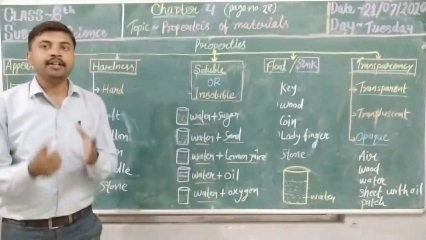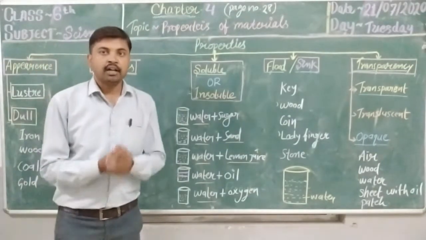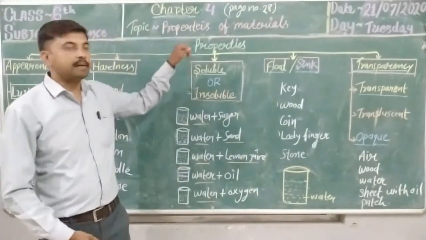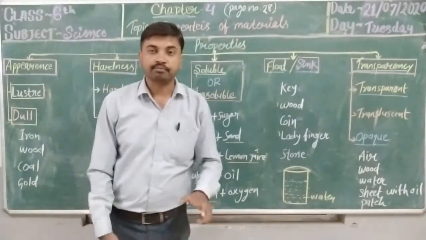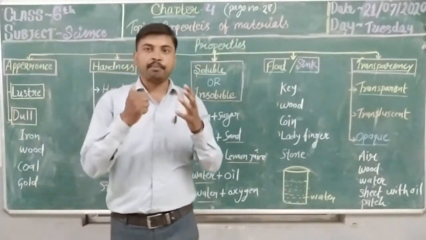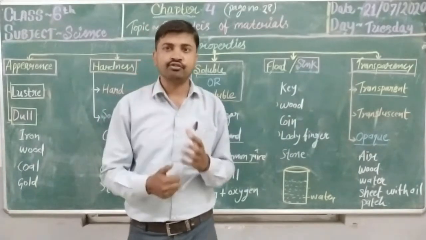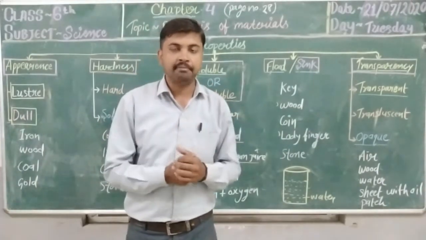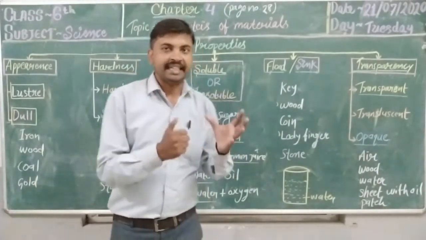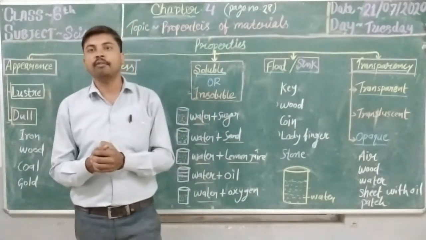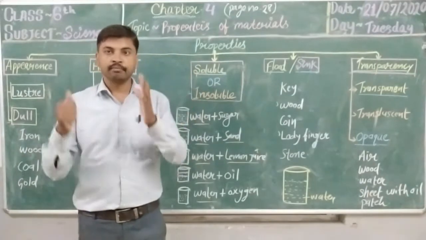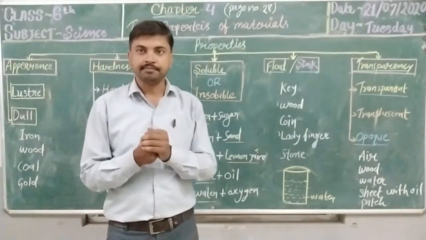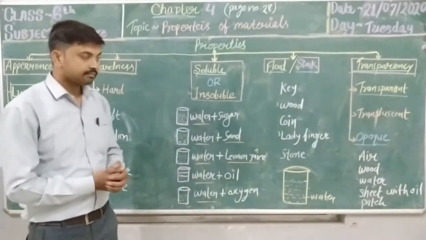Today we are continuing with the same chapter, from the next topic, that is properties of materials. Properties means the characteristics that materials have. We take 5 basic properties, and on the basis of these we try to sort materials into groups.